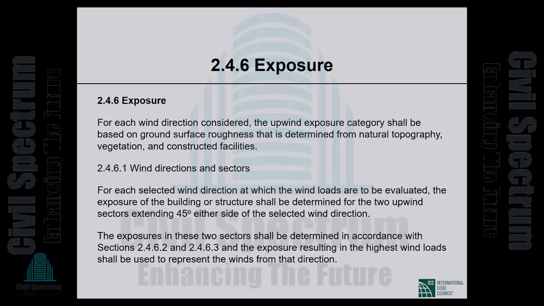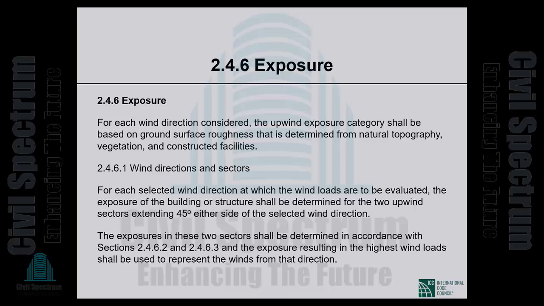Exposure categories, there was a time when exposure categories used to be directly defined. Not anymore. We now have definitions for roughness categories, and then the exposure categories are defined in terms of the roughness categories. Okay, so let us look at all of that. This is kind of complicated stuff, I will warn you.